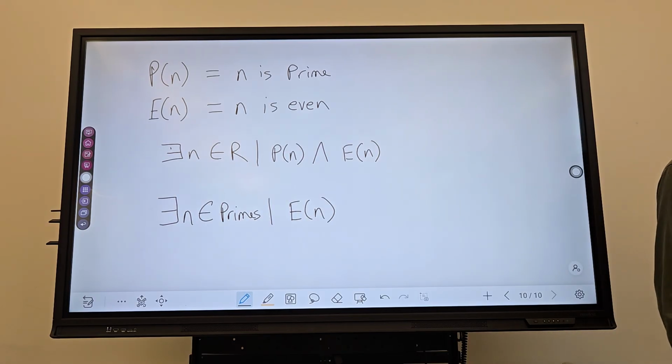Consider the following two statements. For every integer x, x squared is greater than or equal to 0. And there exists a real number x such that x cubed equals 8.